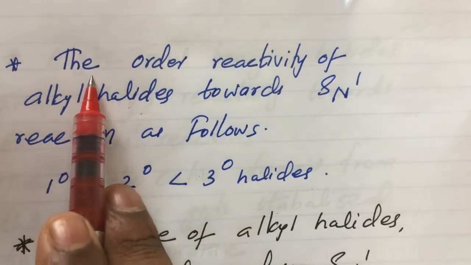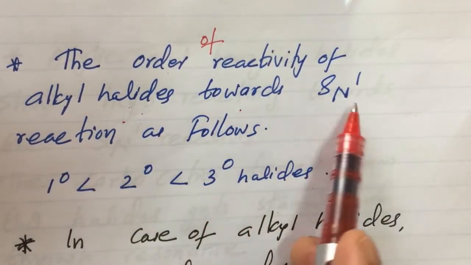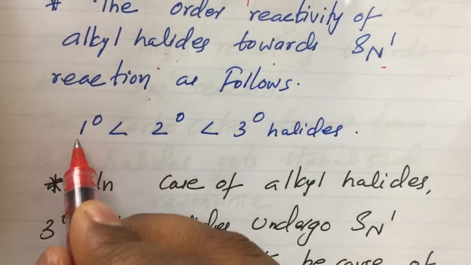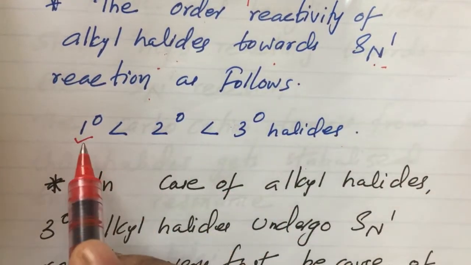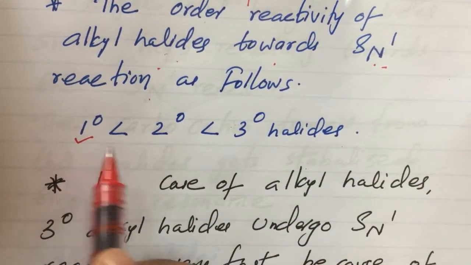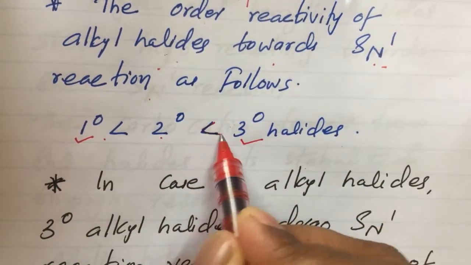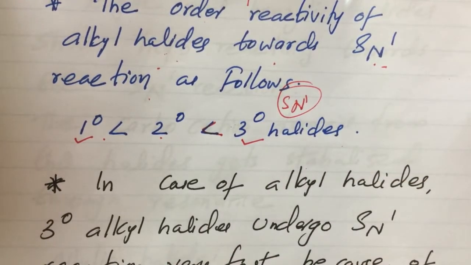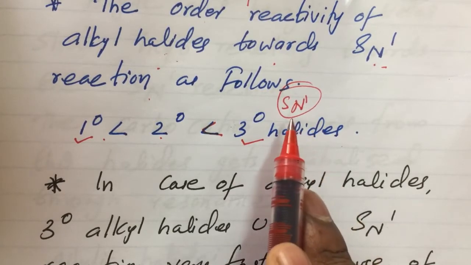The next is the order of reactivity of alkyl halides towards the SN1 reaction. Primary is less reactive towards SN1. That means primary prefers SN2, not SN1. And among primary, secondary and tertiary halides, tertiary prefers the SN1 mechanism, because here the steric effect is more, so SN2 is not possible.